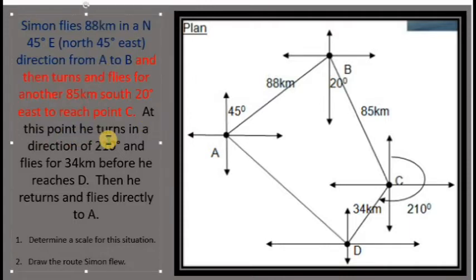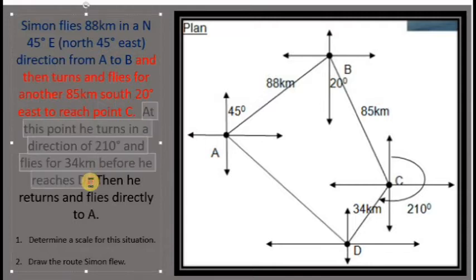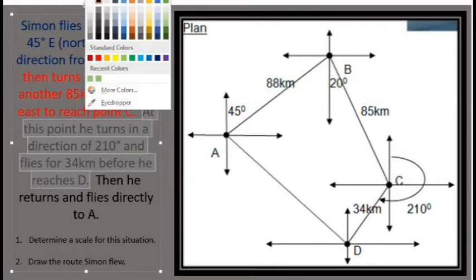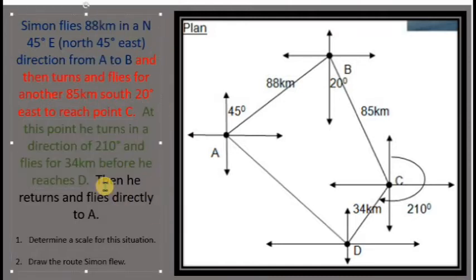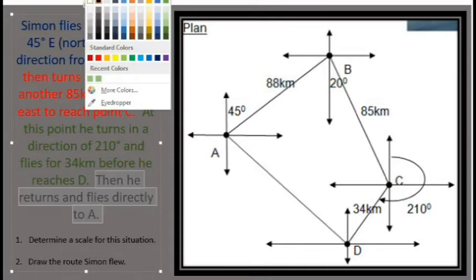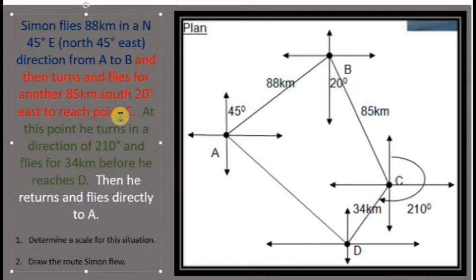At this point, he turns in a direction of 210 degrees and flies for 34 kilometers before he reaches D. There we have some more information. Let's make this green. Then he returns and flies directly to A. So there we also have some other information. So we have four different sets of information.